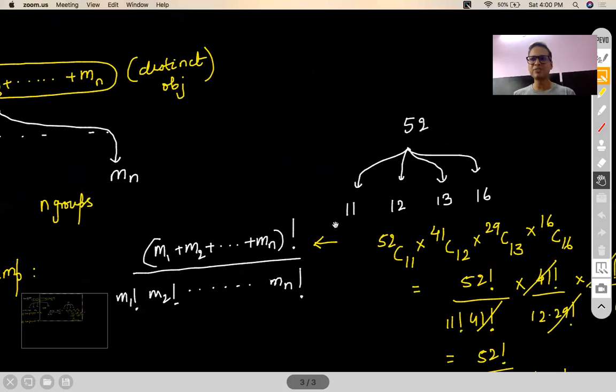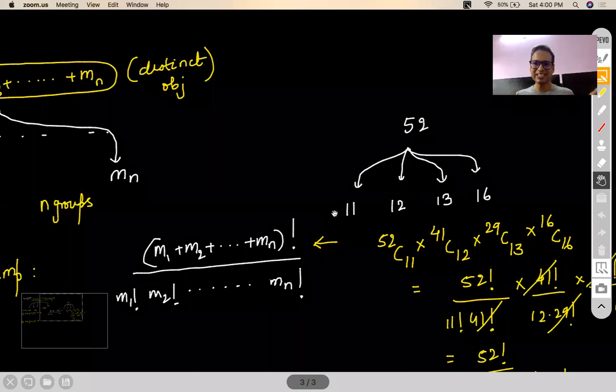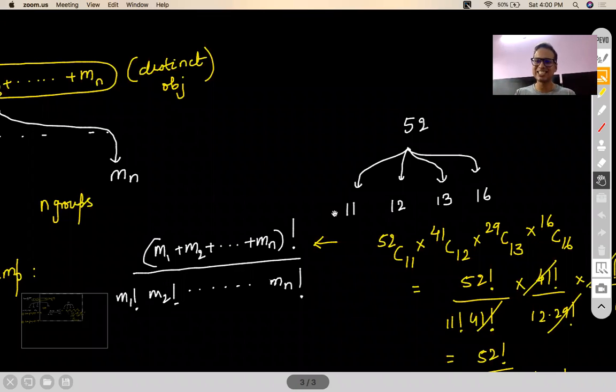It would make a difference if these 11 cards went to Ram, or to Shyam, or to Ghanshyam, or to Abhiram. So the splitting is the same, but if they change hands, they would be considered different divisions. That is the meaning of order is important.